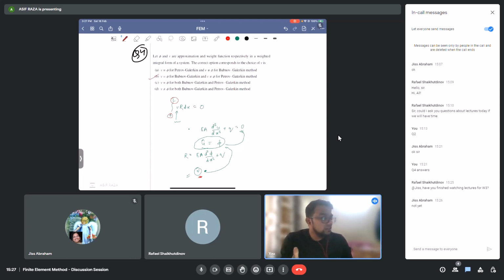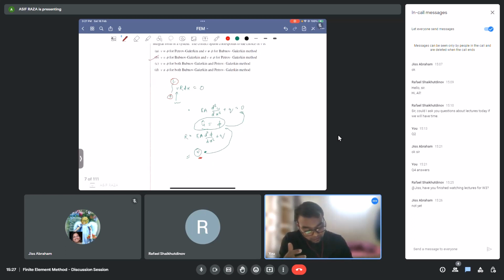But what needs to be said is that v should satisfy the homogeneous part of the essential boundary conditions.